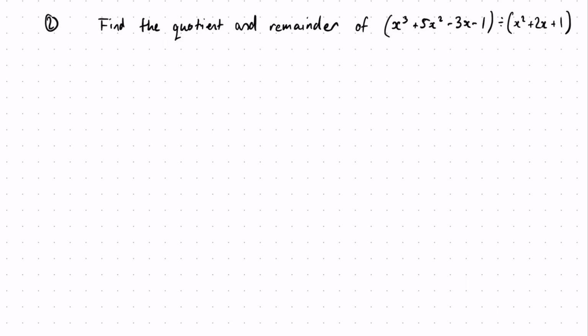Okay, hopefully you were able to work out what you needed to do here and you got to a solution. Let's see what you should have done. So your divisor is x squared plus 2x plus 1. That's on the outside, and underneath we've got x cubed plus 5x squared minus 3x minus 1.